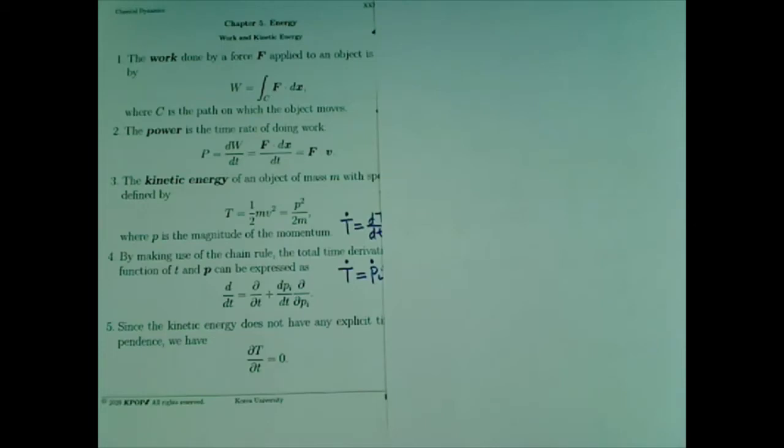The conservation of energy states that the sum of the kinetic energy and the potential energy is a constant of time. So the total time derivative of the total mechanical energy, that is the sum of the kinetic energy and potential energy, should be zero, as long as the force is conservative.